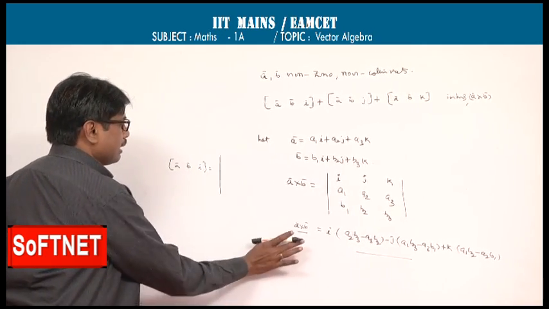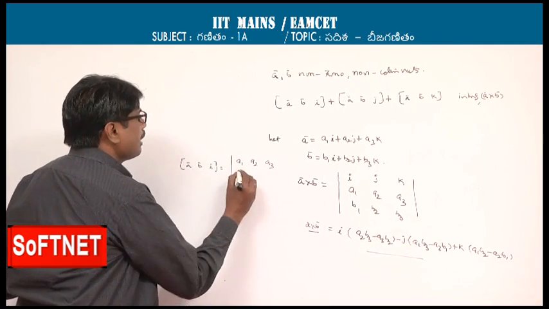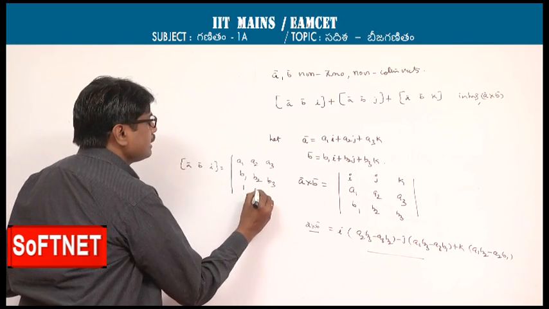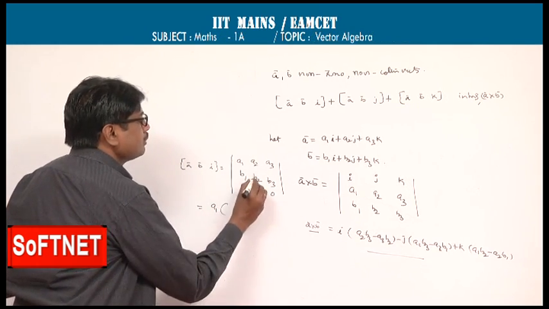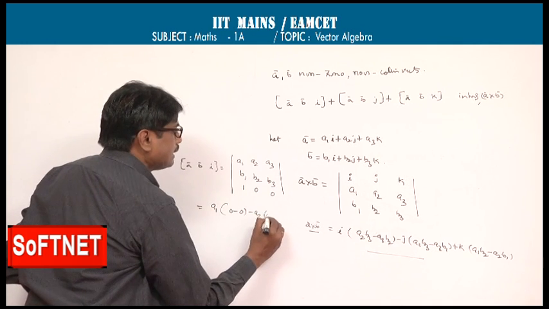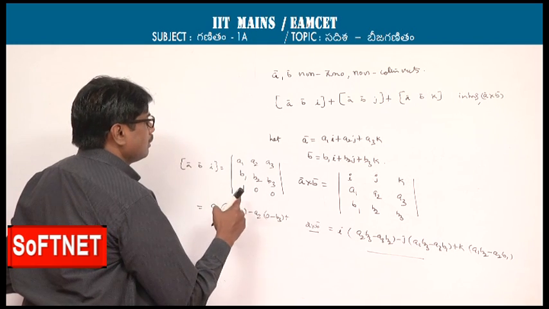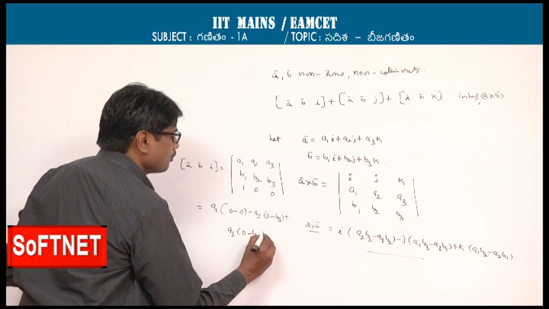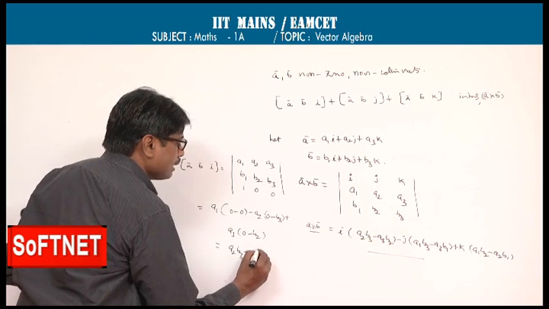That is equal to the determinant with rows A1, A2, A3; B1, B2, B3; and 1, 0, 0, which is A1 times (0 minus 0) minus A2 times (0 minus B3) plus A3 times (0 minus B2), that is A2 B3 minus A3 B2.